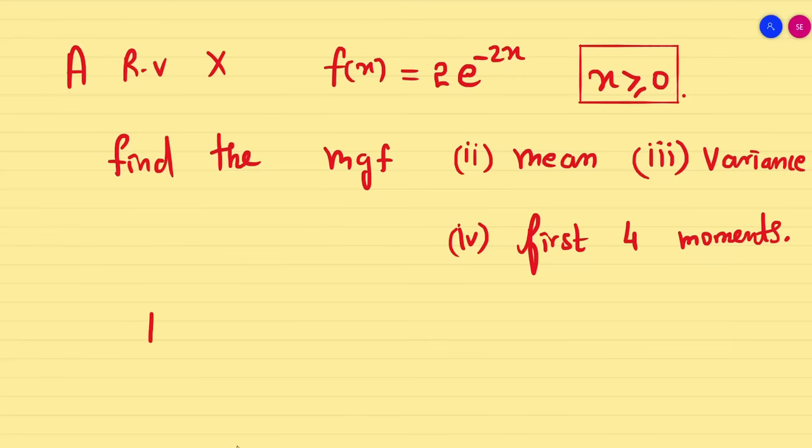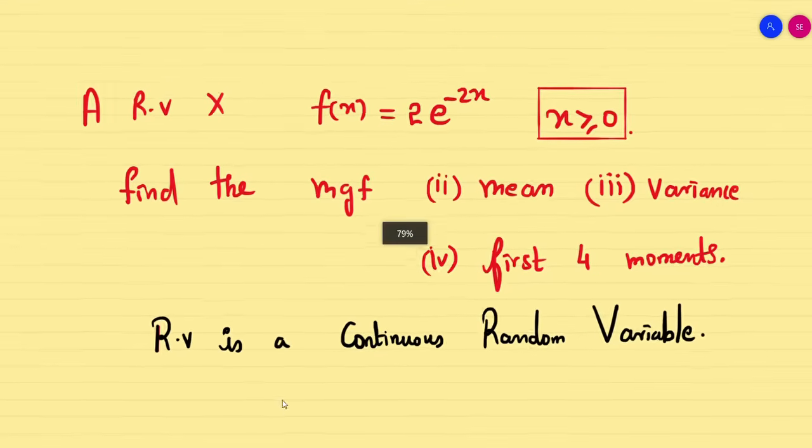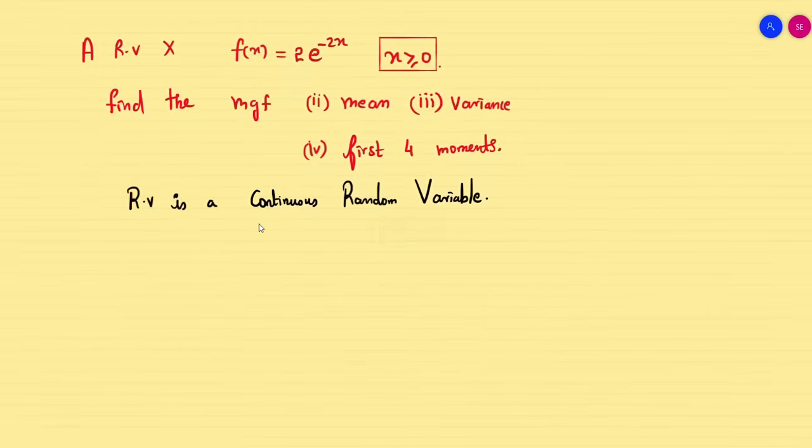I will say that the given random variable is a continuous random variable. Done. So when it is a continuous random variable, we have to integrate. So that's what comes into our mind. Okay, let's go. So first let us find the moments in the usual way. Okay guys, let's go here.